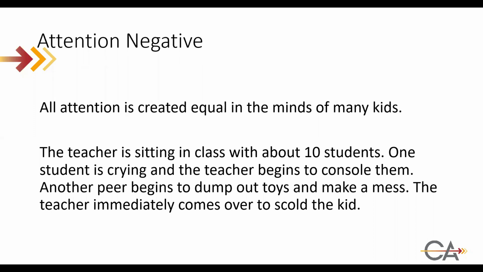Those are really easy ways to identify when there's attention, but they're really hard to recognize a lot of the time because they happen so naturally in the environment. So we want to be cognizant of when we're starting to see some of these negative attention behaviors creep up, because that's where we want to put in a positive way to get attention, because they're asking, saying, hey, I need attention right now.